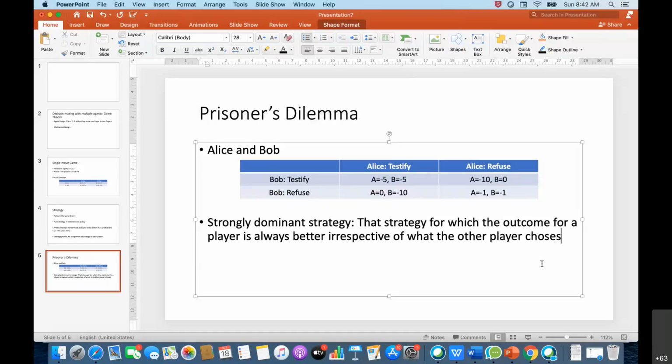Okay, so this is called strongly dominant strategy.